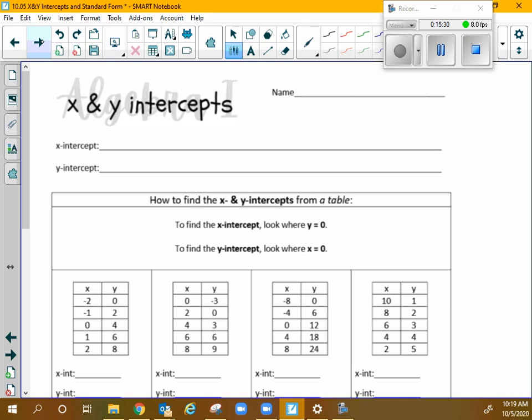Y is 0. Okay, so then I know that for my x-intercept, y would be equivalent to 0. I agree with that. What else can I say about an x-intercept? Where the line crosses x, right? And it would always be x, comma 0, whatever your x value is, comma 0.